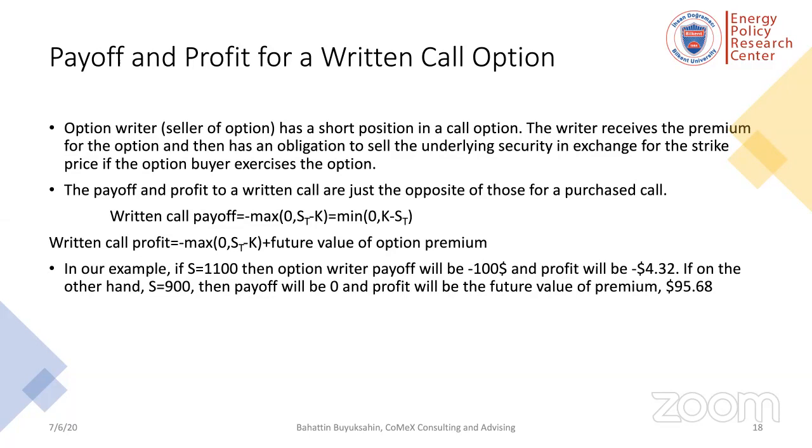In our example, if the spot price at the expiration is 1100, then the option writer payoff will be minus $100, and the profit will be $4.32. If, on the other hand, S is equal to 900, where our option buyer does not exercise his right, then the payoff will be 0, and the profit will be the future value of option premium, $95.68.